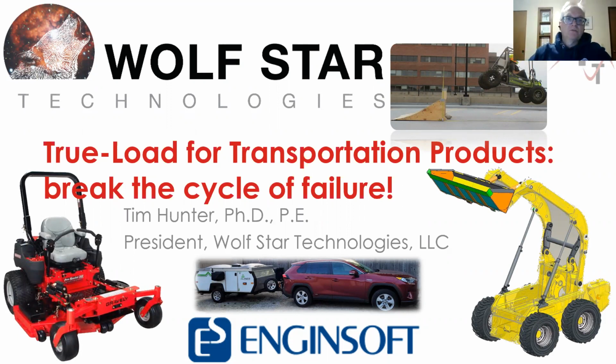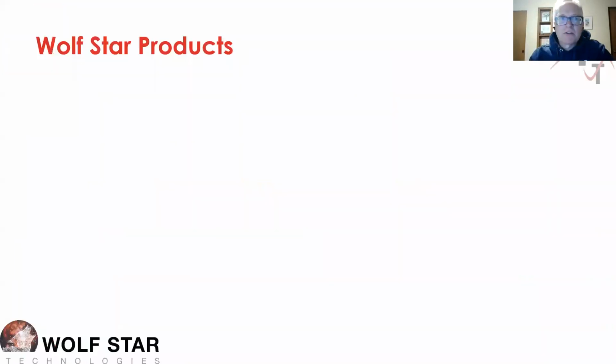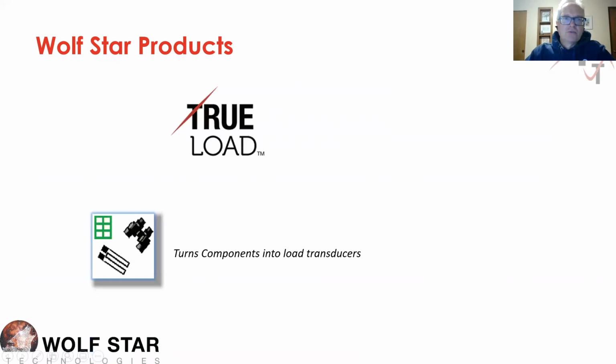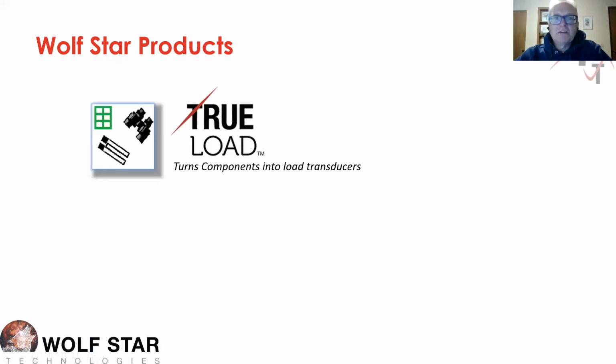So here we go. The products from Wolf Star Technology are quite simply, their flagship product here is TrueLoad. And TrueLoad basically turns components into load transducers. What we do is we have our users put unit load cases on their FEA models, and then we'll query the FEA model for optimal strain gauge placement.